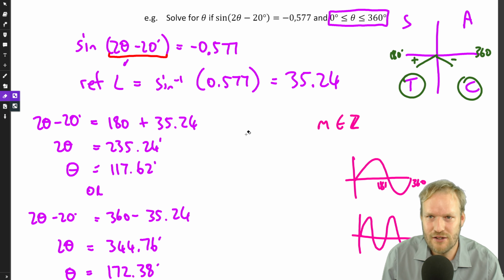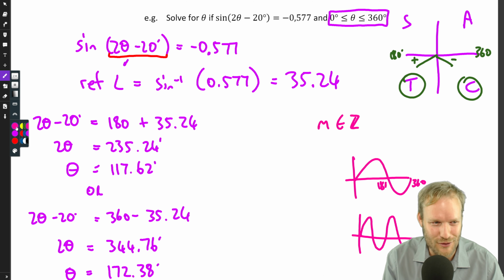Now, it said that theta is between 0 and 360. So did we get all the answers for theta between 0 and 360? Well, we got theta 117, and we said that we could add another 180 and we'd have another solution.